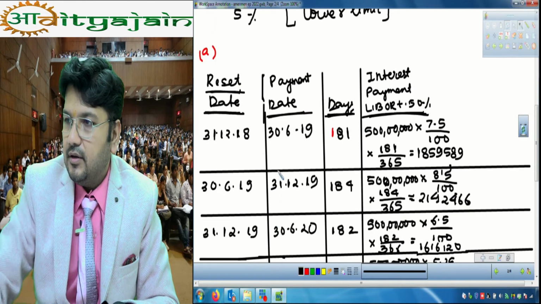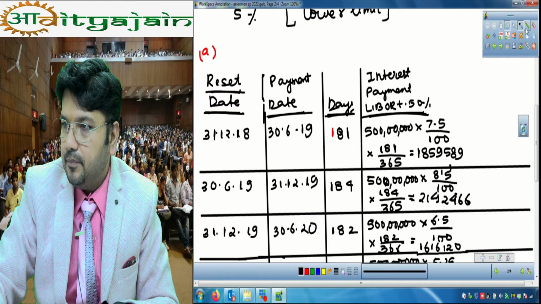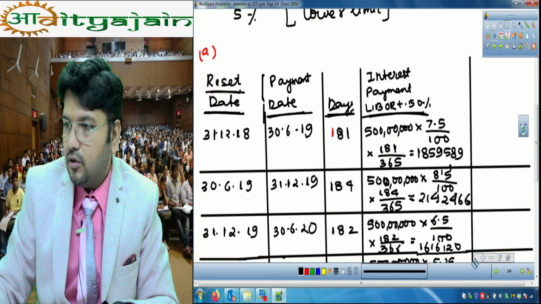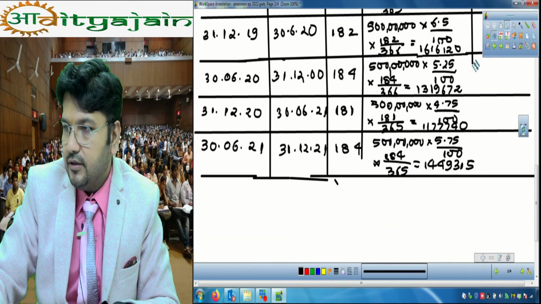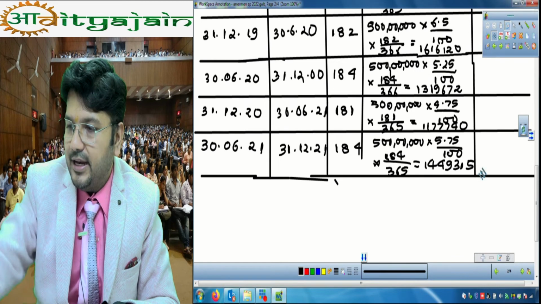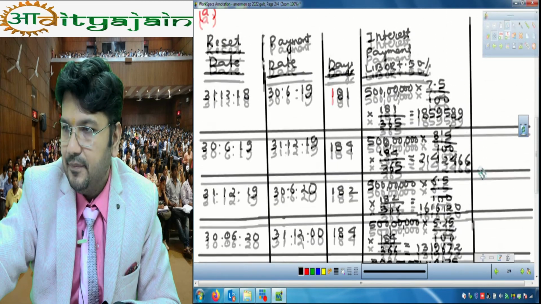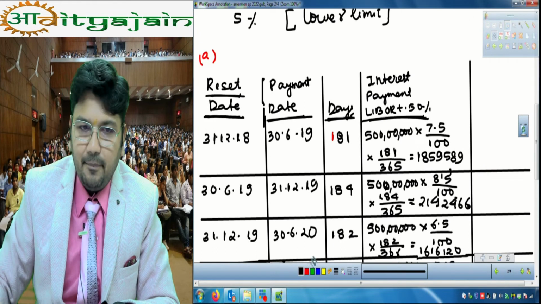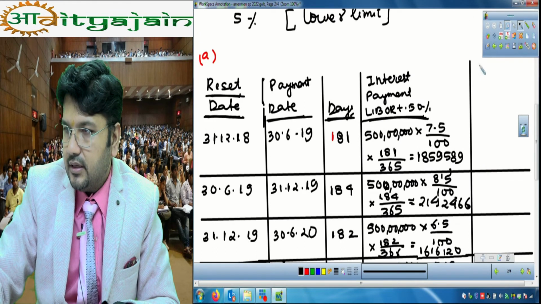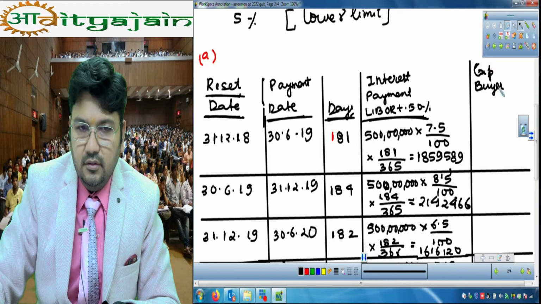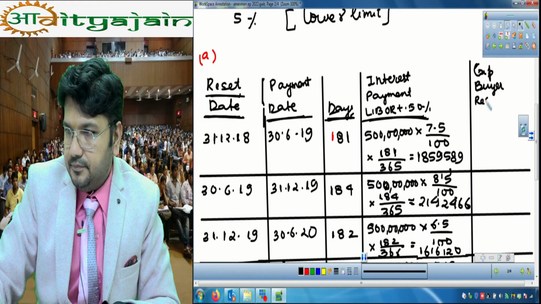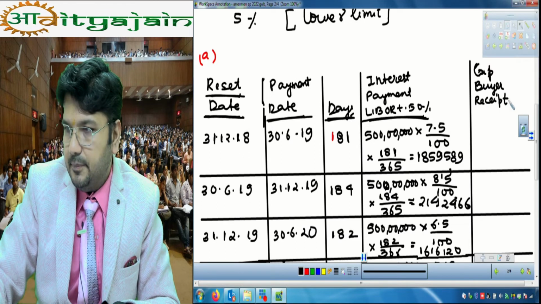So I have purchased cap. I am cap buyer. So I will exercise only when I will be having profit. So there cannot be any obligation for a buyer. Fine, sir. So cap buyer receipts.